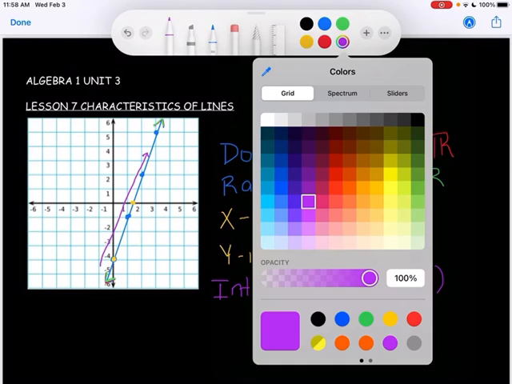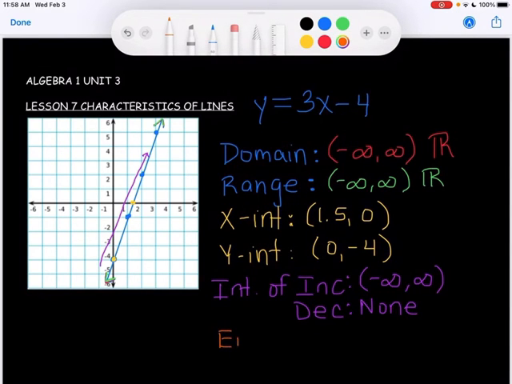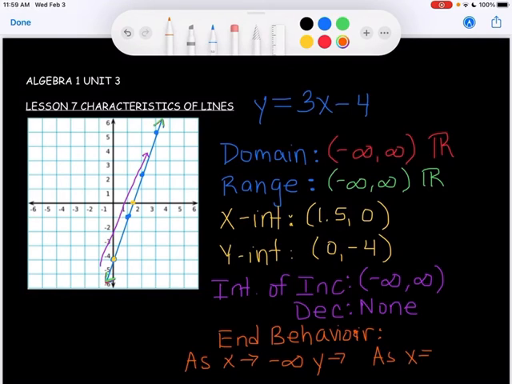We've also got end behavior. End behavior just tells us what the arms are doing on each end, and it's written in a certain way. It's as x approaches negative infinity, it will always be that first, then y approaches blank. And as x approaches positive infinity, y approaches blank.